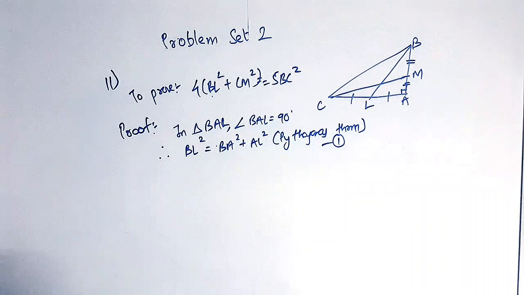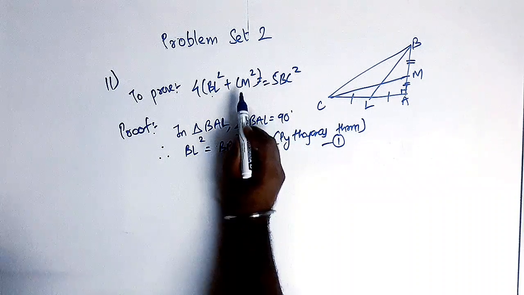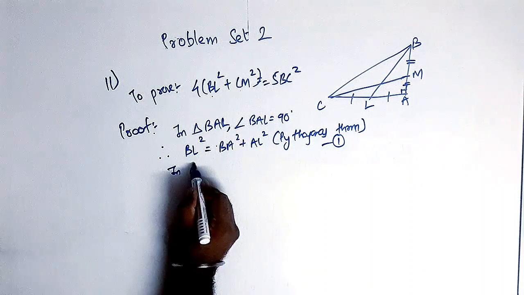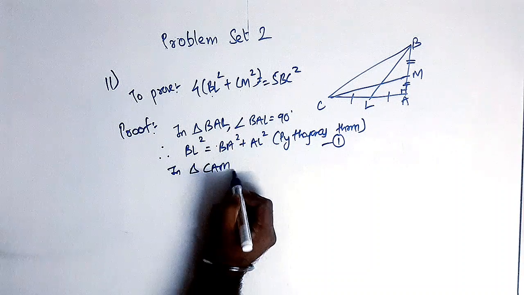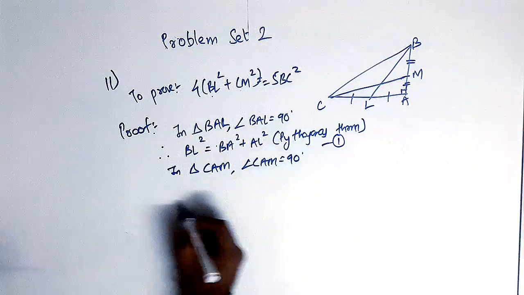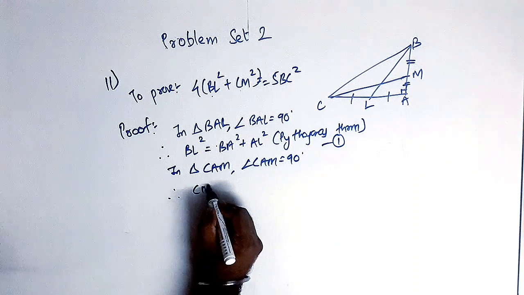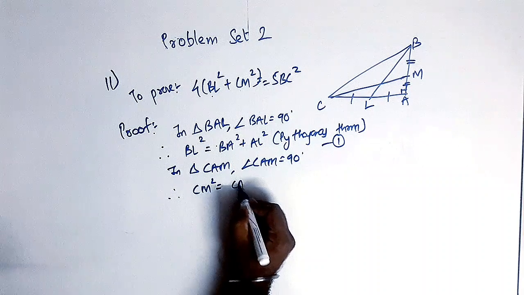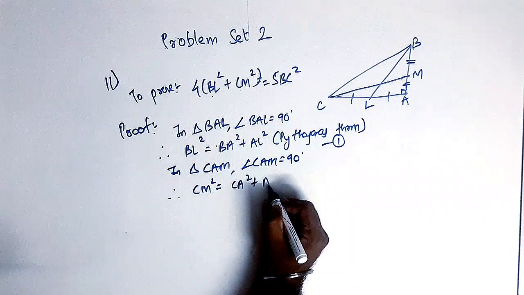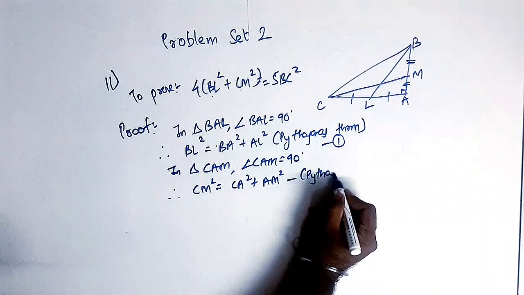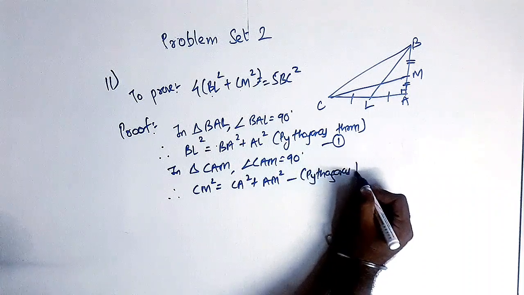Let this be point number 1. Now I want this CM square. So of course, which triangle will I take? I'll take triangle CAM, angle CAM equals 90 degrees. Therefore, CM square is equal to CA square plus AM square. This is also by Pythagoras theorem.